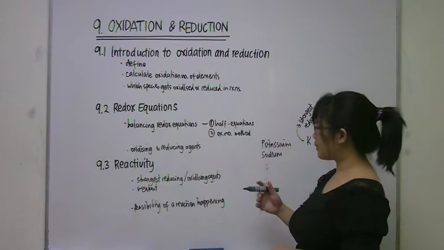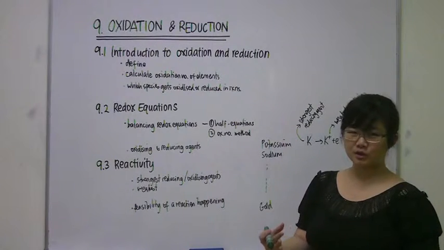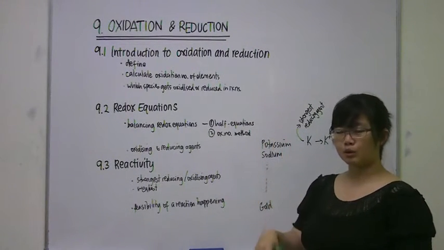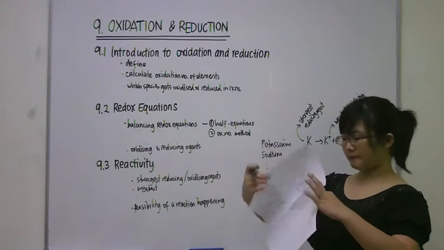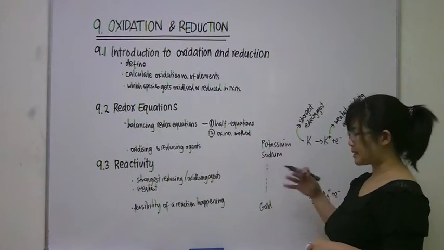For example, if you put potassium inside a solution of gold nitrate, the gold will be displaced from the solution and potassium will dissolve. The same thing you need to apply to the halogens also, with the same concept.